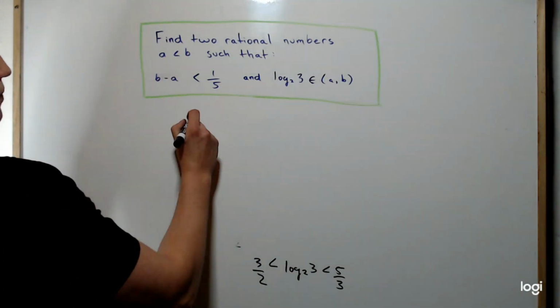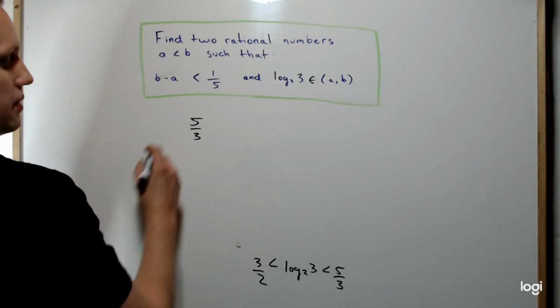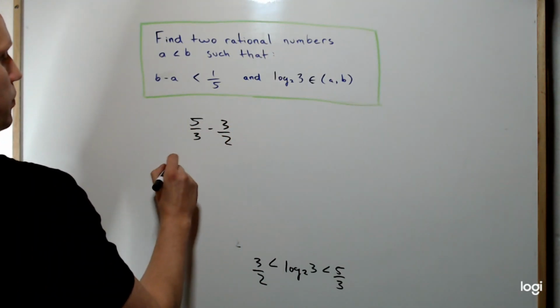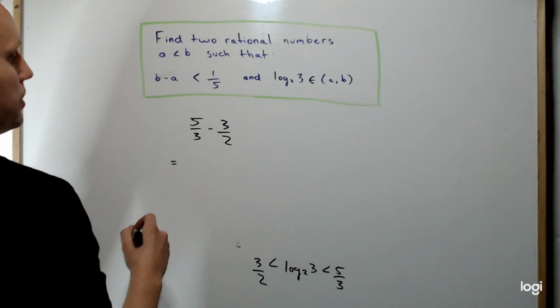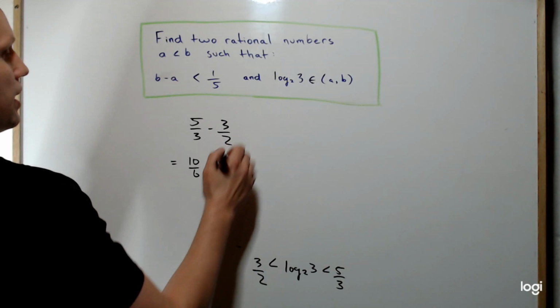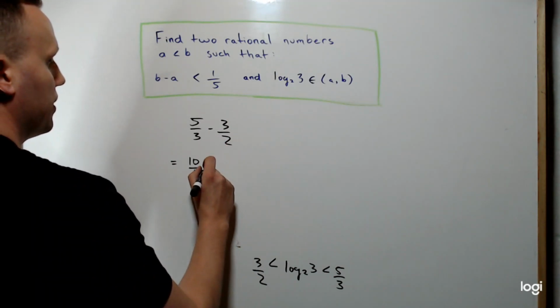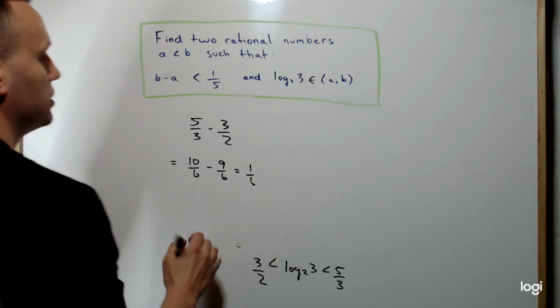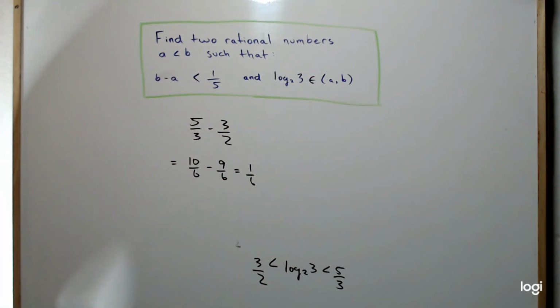So let's try it: 5/3 minus 3/2. We can multiply the 5/3 by 2 over 2 to get 10/6, and multiply the 3/2 by 3 over 3 to get 9/6. The difference equals 1/6, which is indeed strictly less than 1/5.